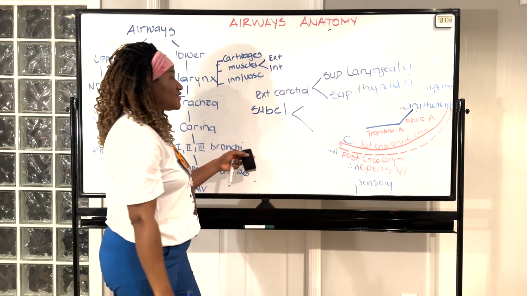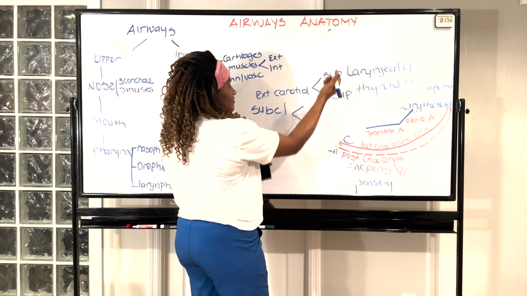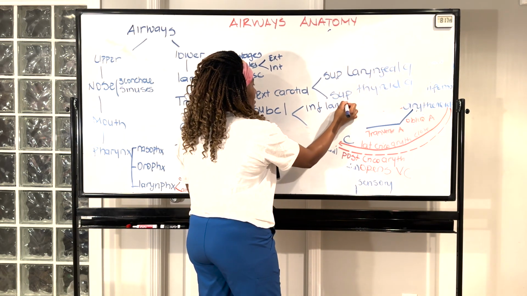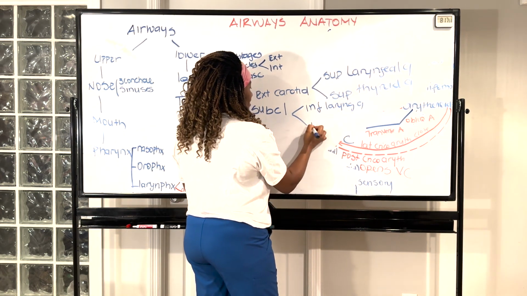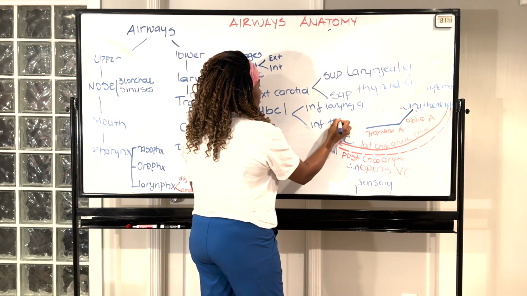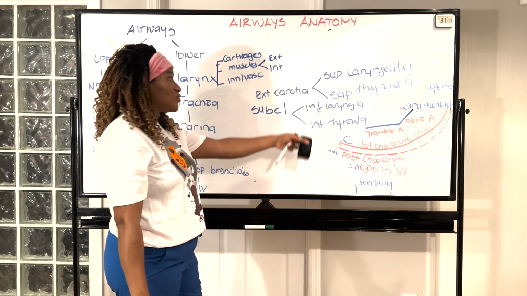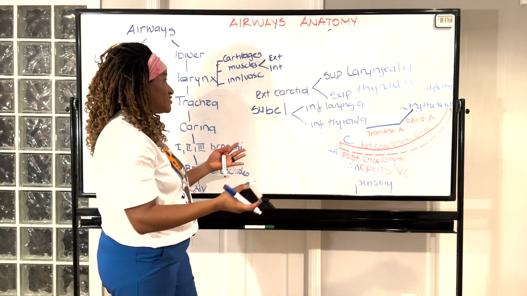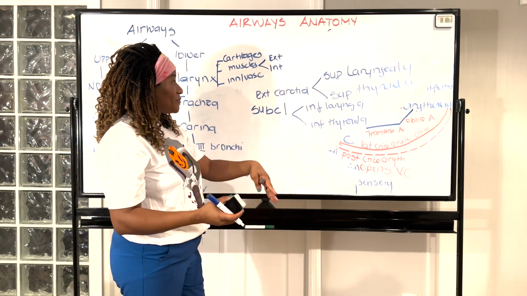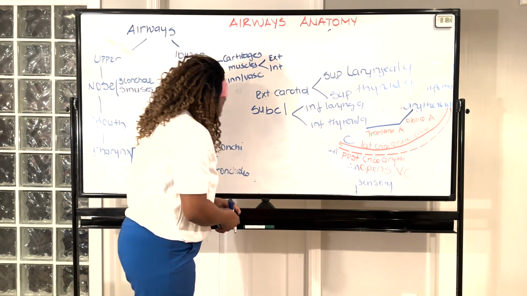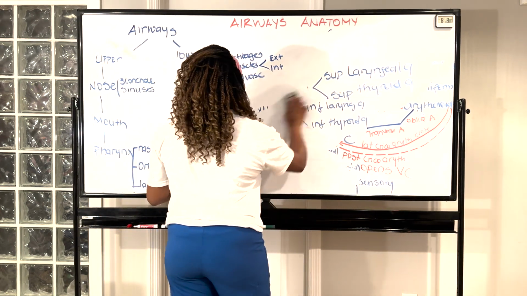And the subclavian is going to give us the inferior laryngeal artery and inferior thyroid artery. And they're going to provide the vascularization of the superior and inferior part of the larynx, superior and inferior part of your thyroid. Very easy and simple.